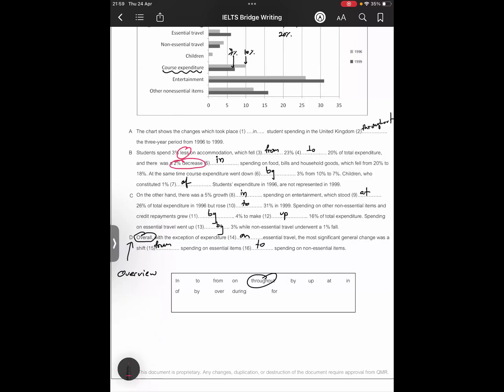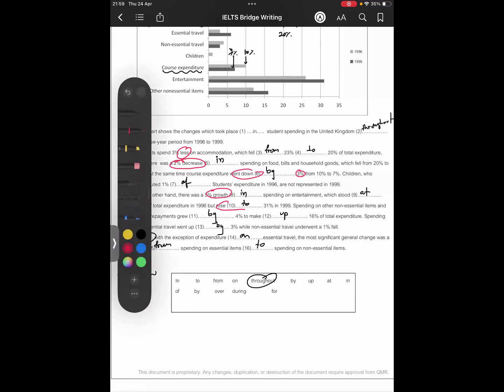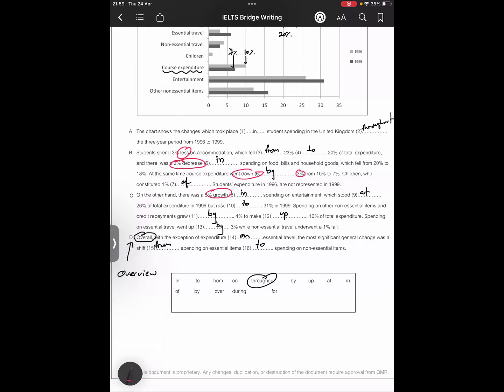Again, "went down by 3%", "5% growth", "grew by 4%", "went up by 3%". Okay, so it's clear that they use this, right?